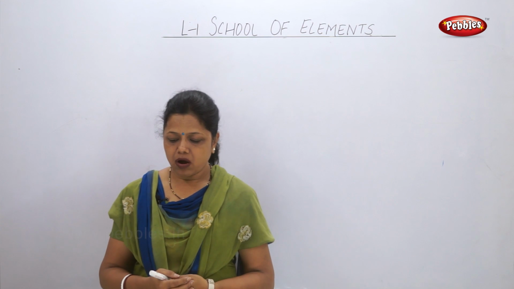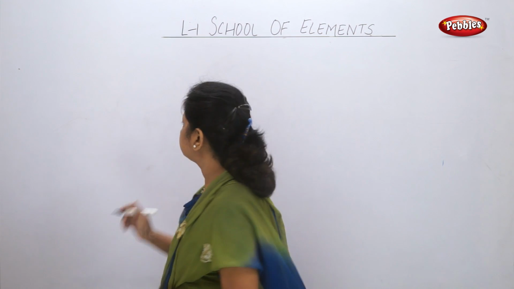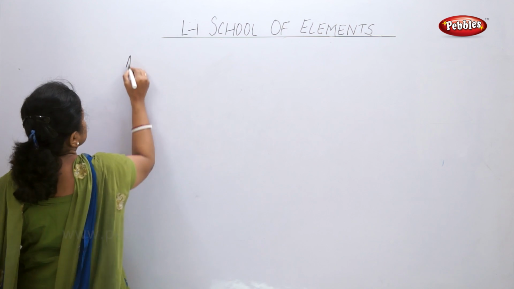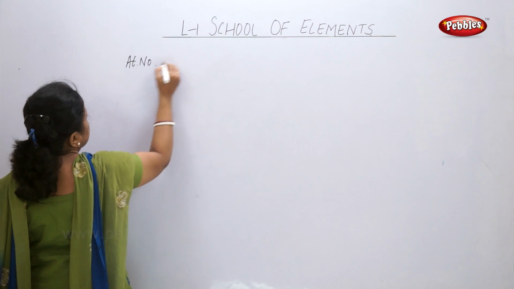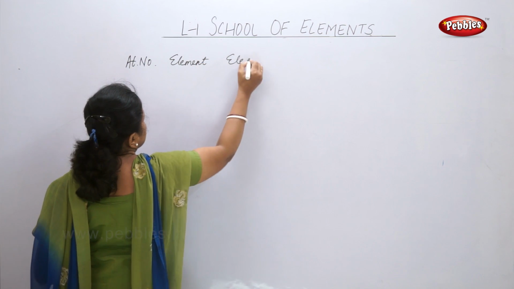Now let us see what are the electronic configuration of first 10. Let me write first the atomic numbers, name of the element and electronic configuration.